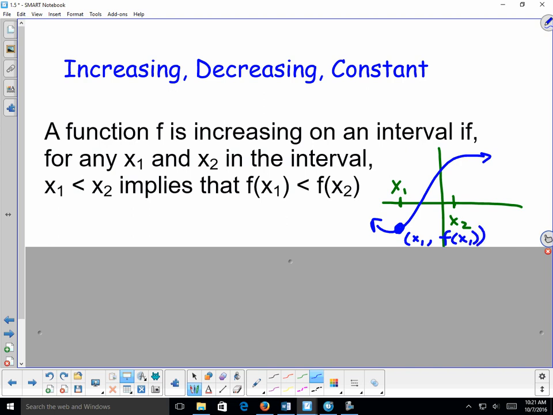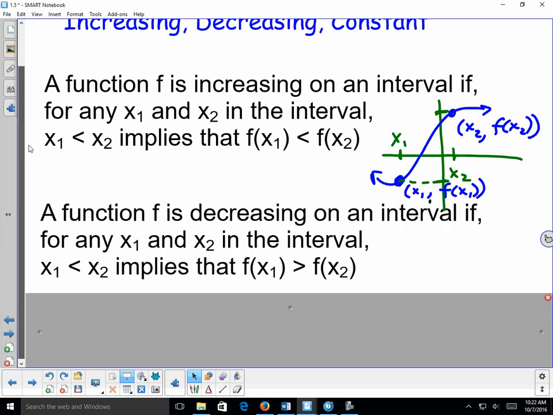And here's the point, x2, comma, f of x2. So I can see that x1 is less than x2, and I can see that f of x1, which would be this height here, and f of x2 would be this height here, is less. So that implies that this interval between x1 and x2 is an increasing interval.